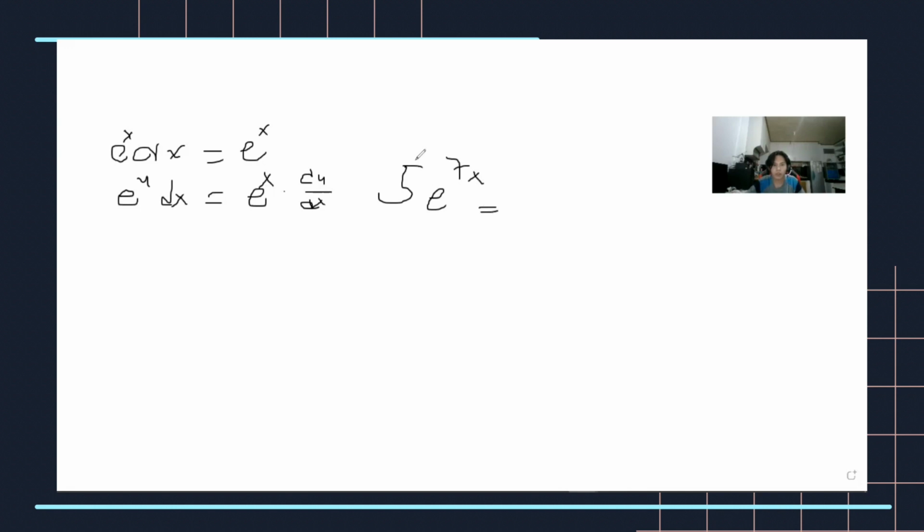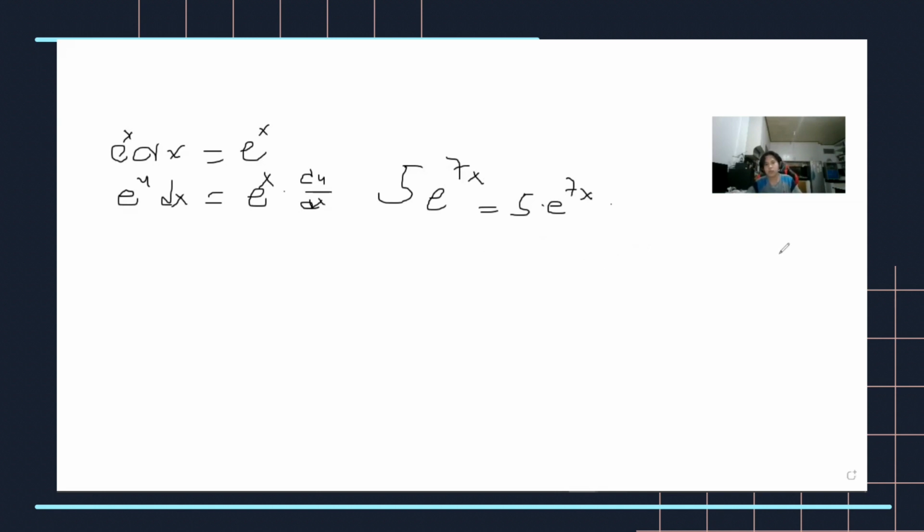For this, 5 is a constant, so let's just copy this and multiply it to the derivative of e raised to 7x, which we're just going to copy, so e raised to 7x. Then by chain rule, multiply it by the derivative of 7x, which is 7. So the final answer for this would be 35e raised to 7x.